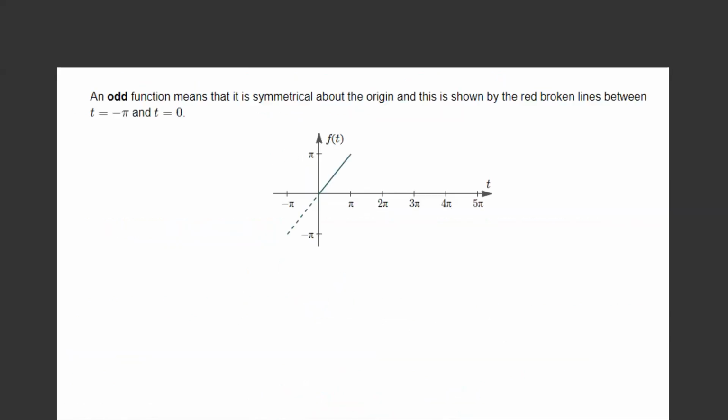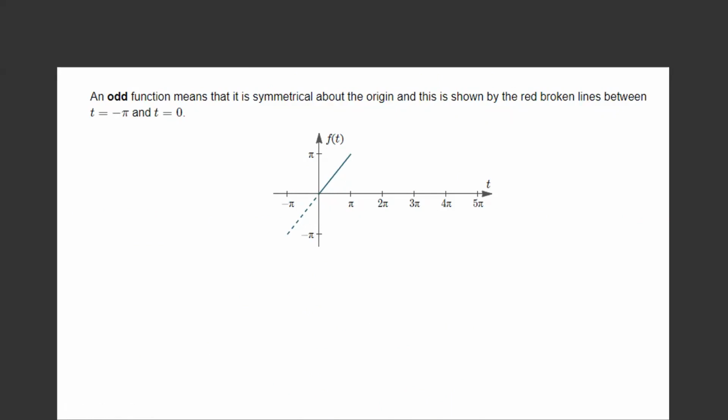What about if I would like to complete it to have only sine? I have to complete the other half to be an odd function. How do I make it odd? It should be symmetric with respect to the origin, right? So I have the definition of the function in half of the period, and I have to complete it in the other half to have only a sine Fourier series.